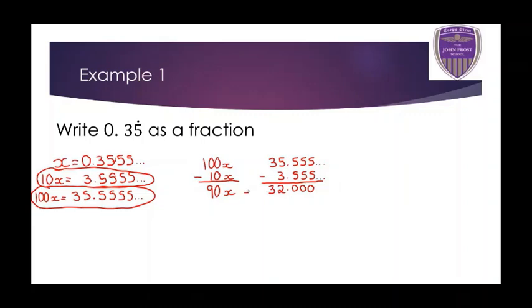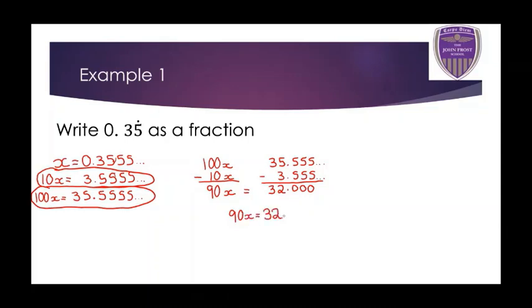So this is where these questions differ from last lesson. Whereas before it was always something over 99 or something over 990, you'll have noticed now that this number that 90x is equal to has changed, okay? So now we've got 90x is equal to 32.